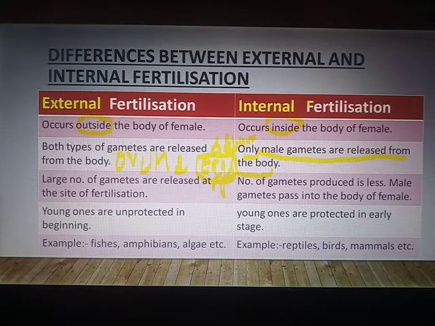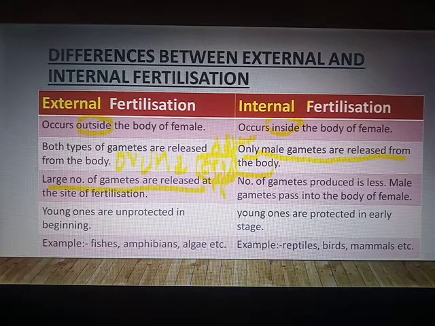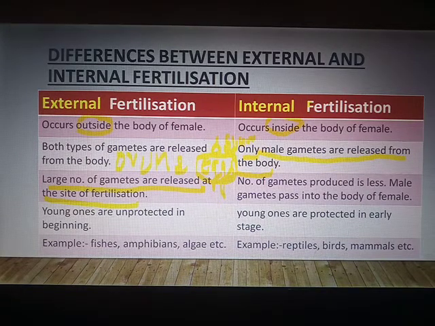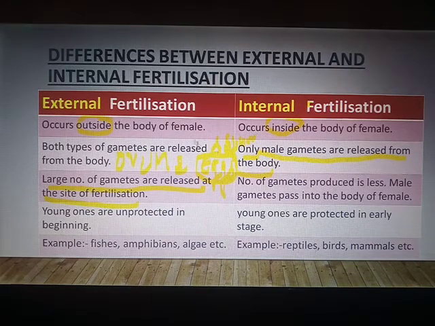Clear? Students, in external fertilization, a large number of gametes are released at the site of fertilization. The site of fertilization may be water, so a large number of gametes are released in water so as to increase the chances of fertilization. Clear?